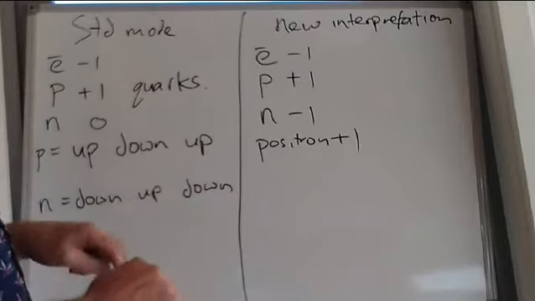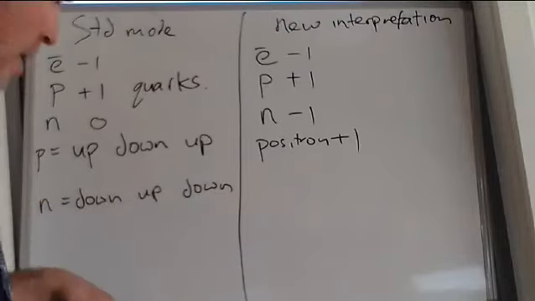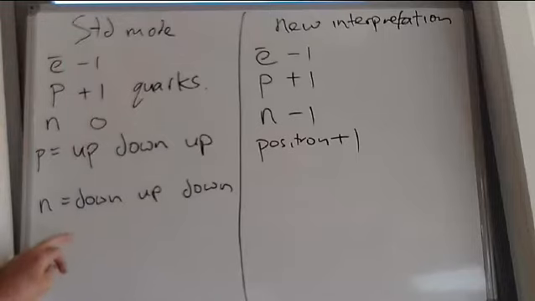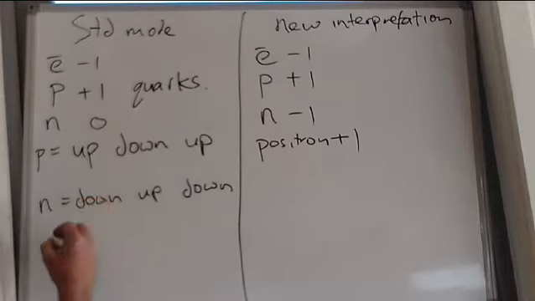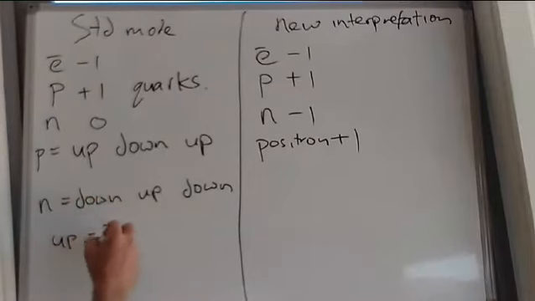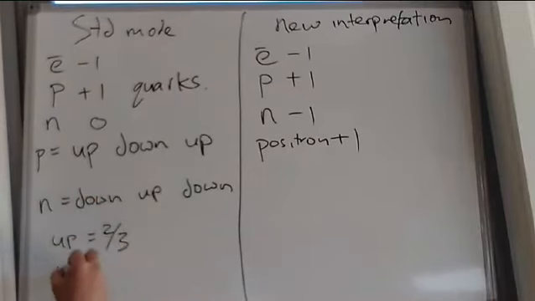Okay, in the standard model, if up equals 2/3, down equals -1/3.